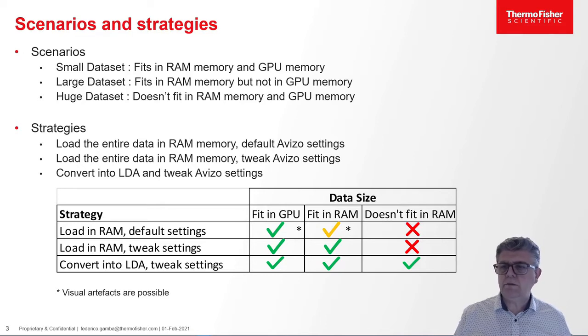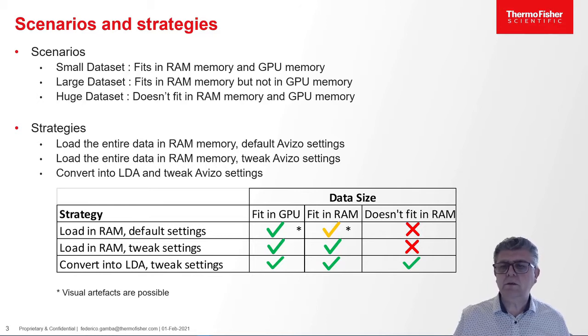So then you have basically three possible strategies. One is you just do nothing. So you load the data, visualize, you leave the default, and that's it. This may be okay for the small data set.